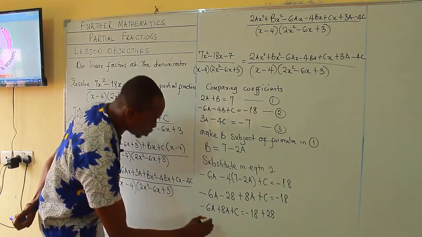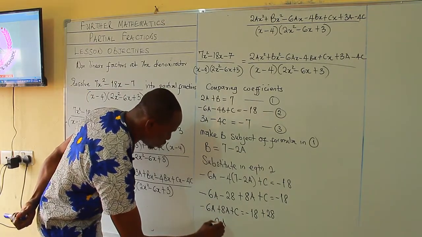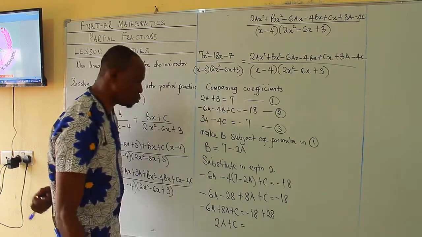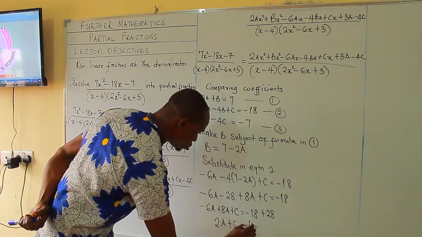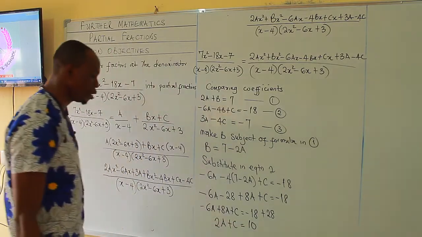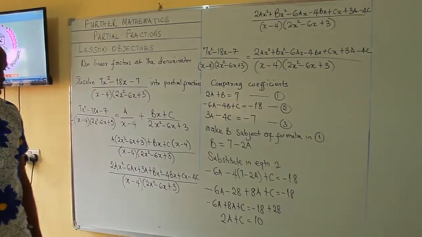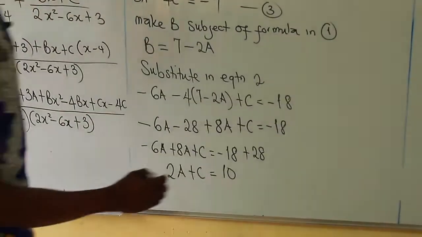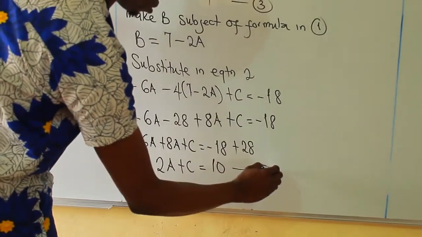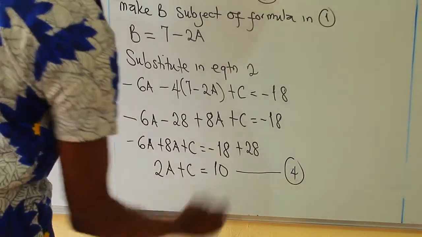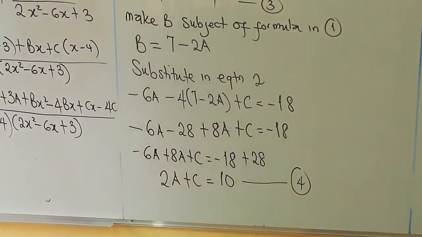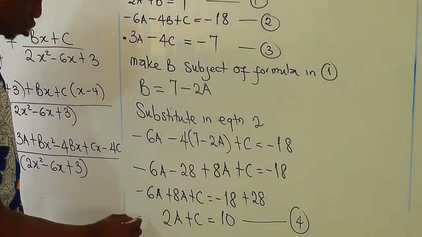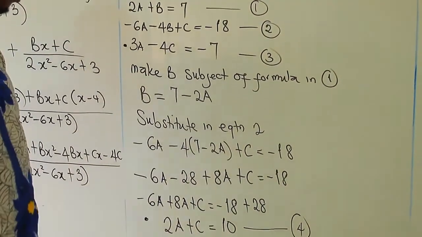Minus 6a plus 8a will give 2a, then I'll have plus c. Then minus 18 plus 28 is equal to 10. So I have formed a new equation here, and that's named as equation 4. Then I'll solve equation 3 and the new equation 4 simultaneously.